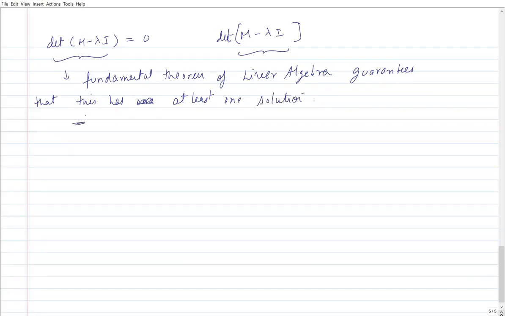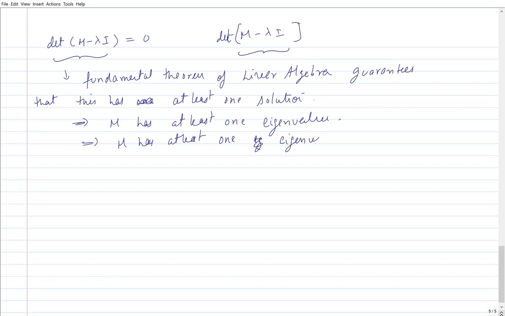Which implies M has at least one eigenvalue, which also implies that M has at least one eigenvector. Well, think about why. It's kind of easy, but I'm essentially trying to solve the eigenvalue equation.